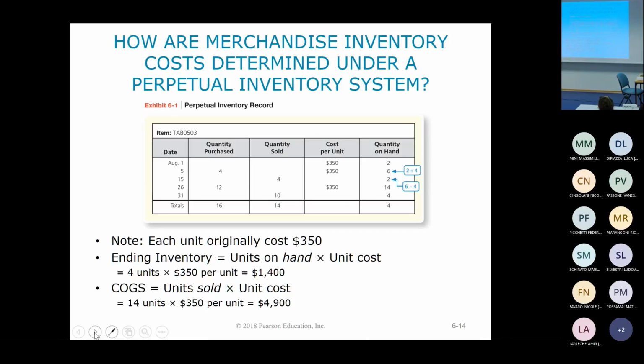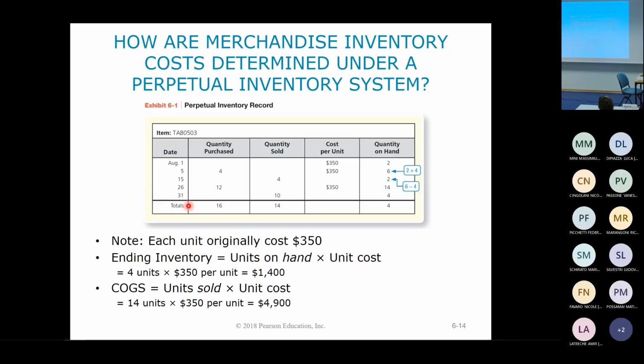So here we have an assumption which is similar to what I have already shown you on the whiteboard. We have a series. It's pretty small print, so I hope you can read this. But you have a series of purchases. This is August, the 1st, 15th, 26th, and 31st, and so on.